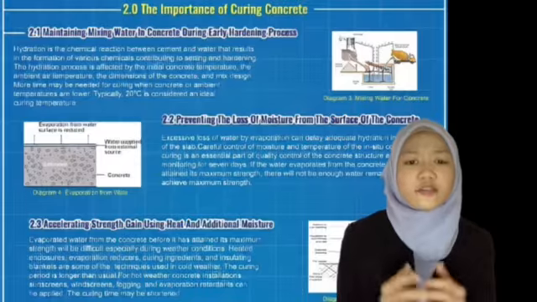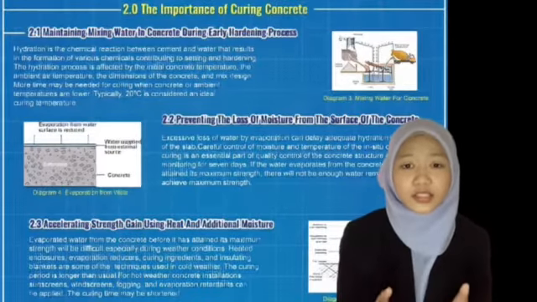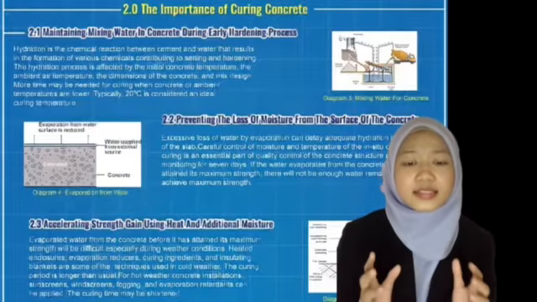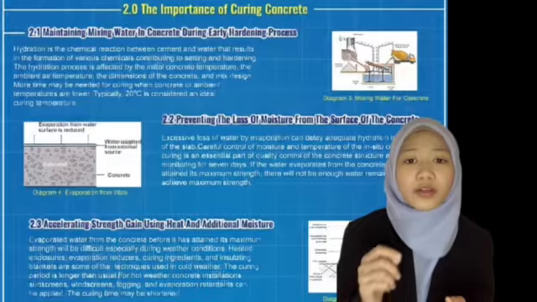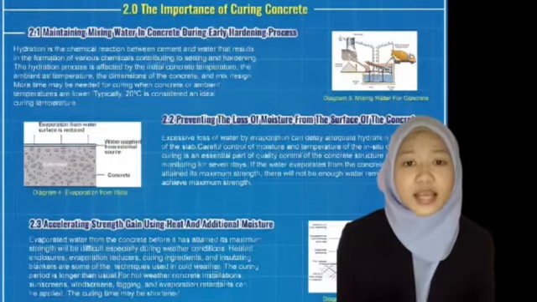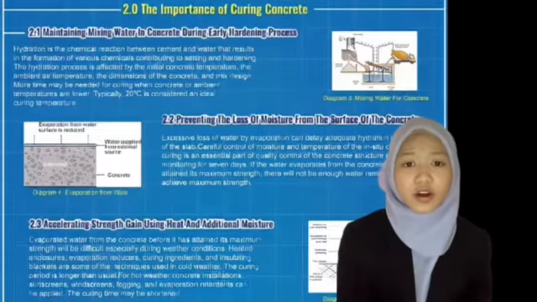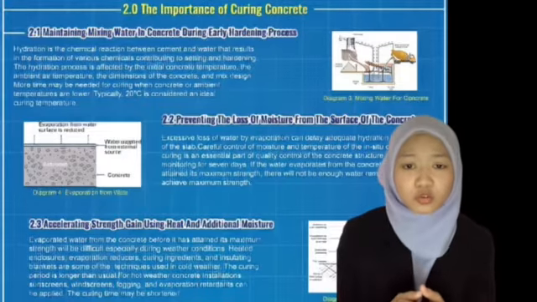Secondly, curing is very important for preventing the loss of moisture from the surface of the concrete. Excessive loss of water by evaporation can delay or prevent adequate hydration, especially in the surface of the slab. Careful control of moisture and temperature of the in-situ concrete during curing is an essential part of quality control.